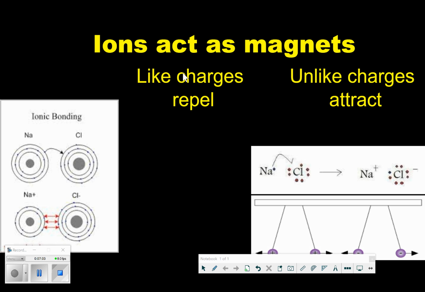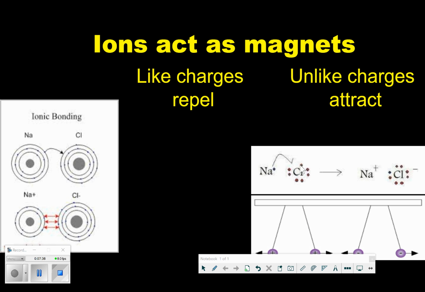Now, ions act as magnets. So if you have 2 atoms, one of them, like sodium, which is a positive, and chlorine, which is a negative, they are going to charge. What's going to happen is the sodium is going to give its electron to chlorine. Sodium is going to become a +1 because it's got more protons than it has electrons.